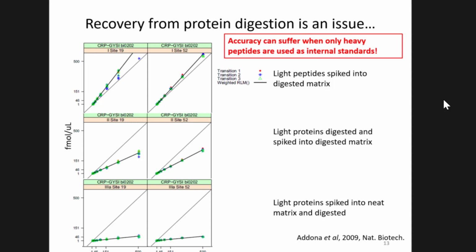Or it could be that we just didn't have the proper concentrations of our stocks that we used to do these experiments. That's always an assumption you have to make about the concentration, that you think you know what it is. But to be honest, there's really no accurate way of measuring the concentration. Amino acid analysis is the best for proteins. It's okay for peptides, and it has an accuracy of like 30%, so it's not great, but it's what we have.